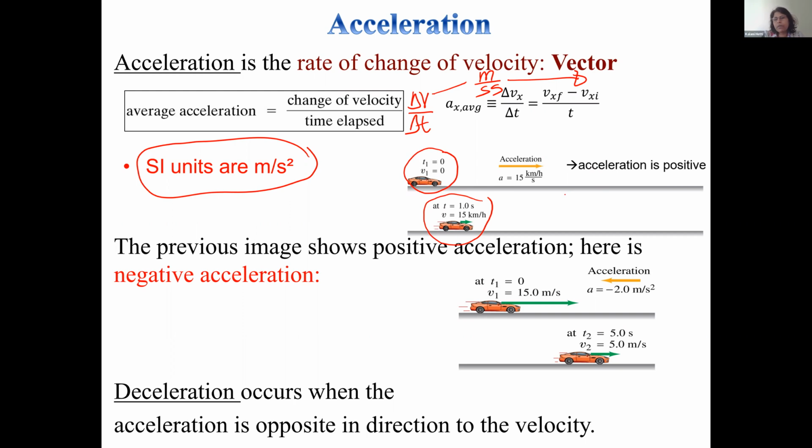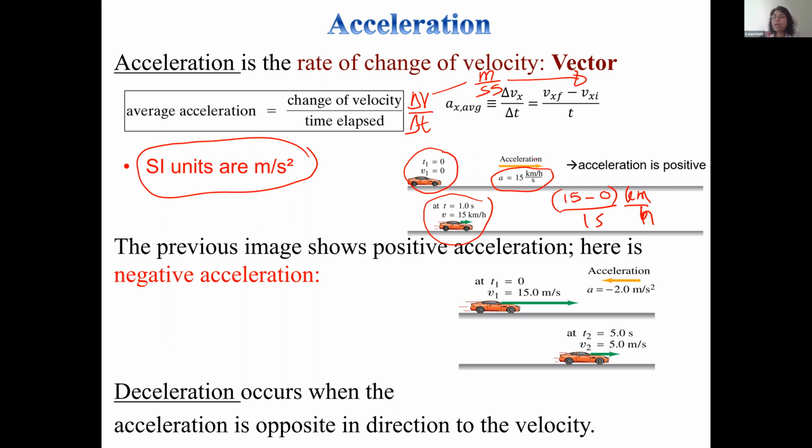That's why I have 15 minus 0, in kilometers per hour, divided by 1 second, right? So that is the acceleration. That is a positive acceleration because your velocity keeps increasing, right?